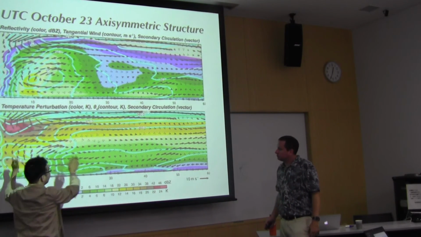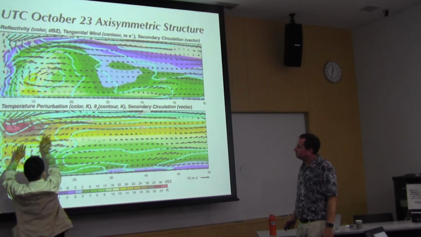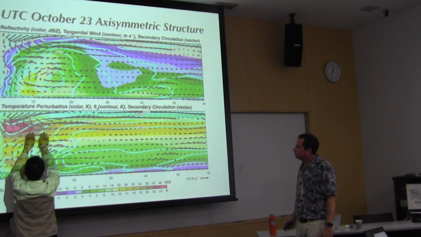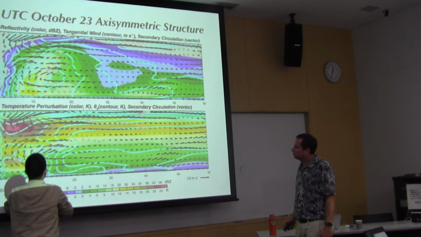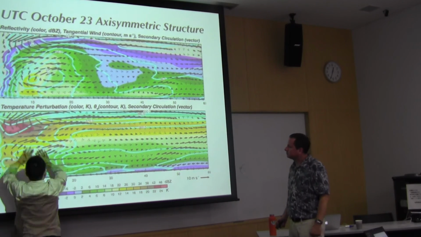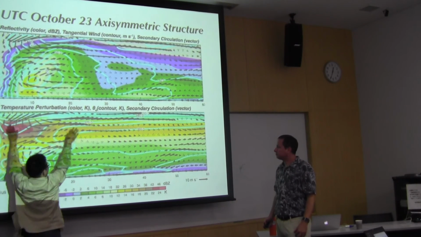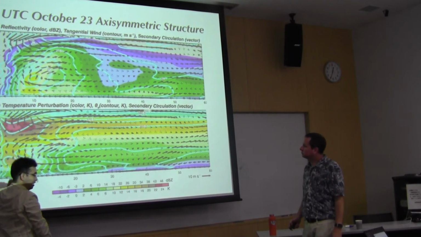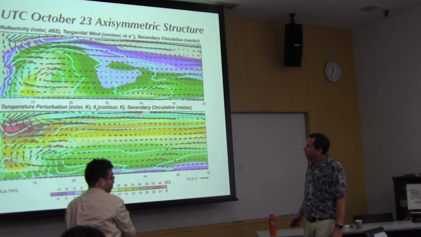But for example, the Sawyer-Eliassen equation, the secondary circulation of the Sawyer-Eliassen equation, the secondary circulation rate. So why?